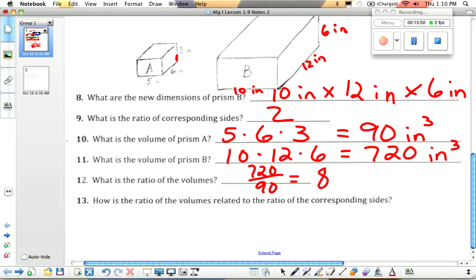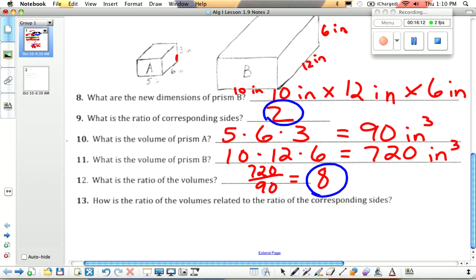How is the ratio of the volumes then related to the ratio of the corresponding sides? Remember, the ratio of the corresponding sides is 2, and the ratio of the volumes is 8. So what do you think the relationship is here? What do you think we can count on? Shelby? 2 cubed.